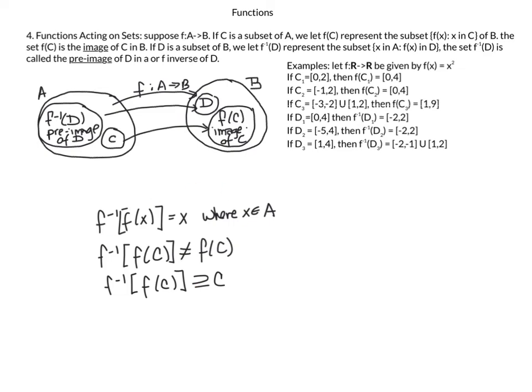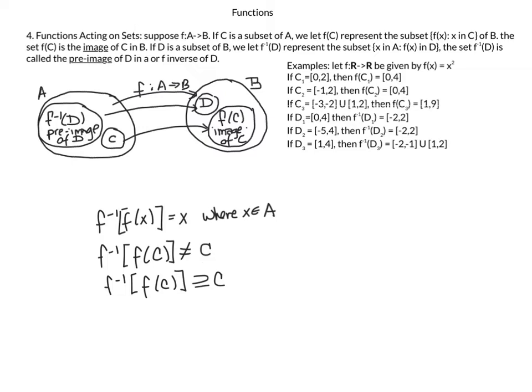Here I have a quick example of why I feel like it's not important to call this f inverse of D if D is a set. So if x is an element of A, not a subset, but if x is an element, then when you do f inverse of f of x, you get back x. However, if C is a subset and you do the pre-image of the image of C, you do not necessarily get back C. Sometimes you do, sometimes you don't.